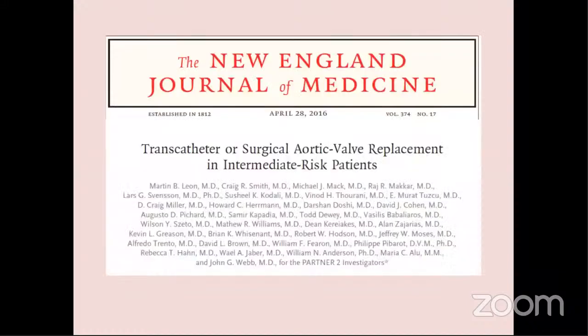After PARTNER trial 1, we'll talk about PARTNER trial 2, which is comparing TAVR with the surgical replacement in patients with severe aortic stenosis and intermediate risk factors.